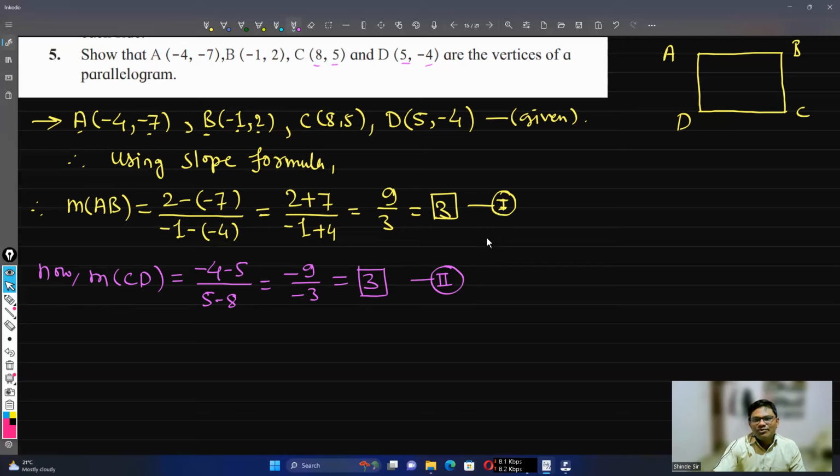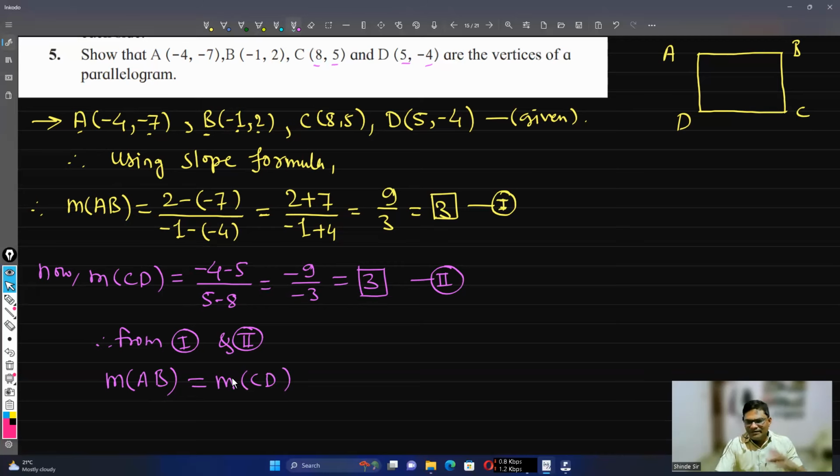So from statement number 1 and 2, we can find that slope of AB is equal to slope of CD. Therefore, from statement number 1 and 2, we can write that slope of AB equals to slope of CD.